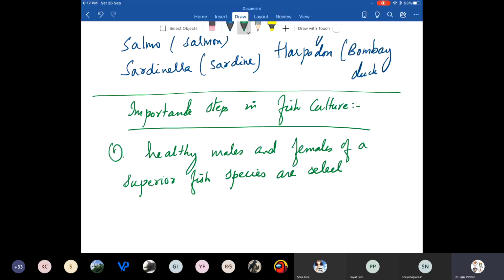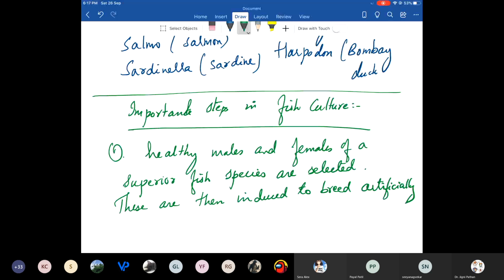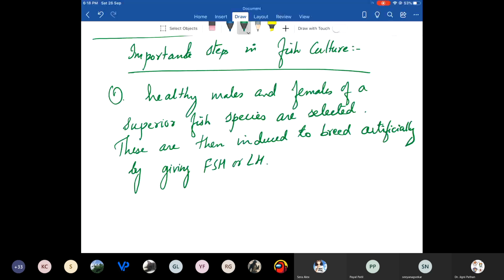These are then induced to breed artificially by giving which hormone? FSH or LH? Yes. Very good. LH, FSH.